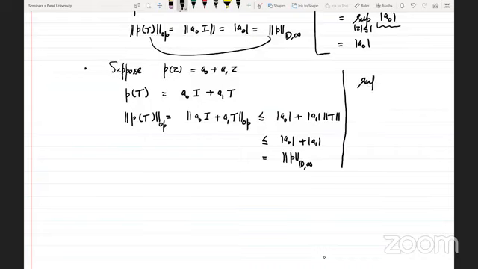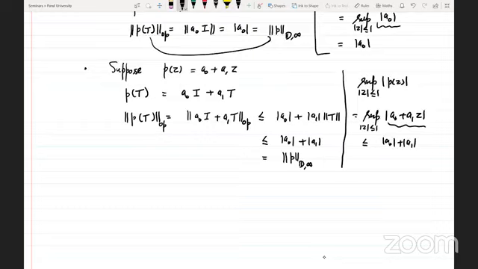So once again, we are interested in this particular quantity. And if you just simply plug this in, first of all, I think it is clear that it is going to be less than or equal to mod A0 plus mod A1, because here you can apply the triangular inequality and your mod Z is less than or equal to 1.